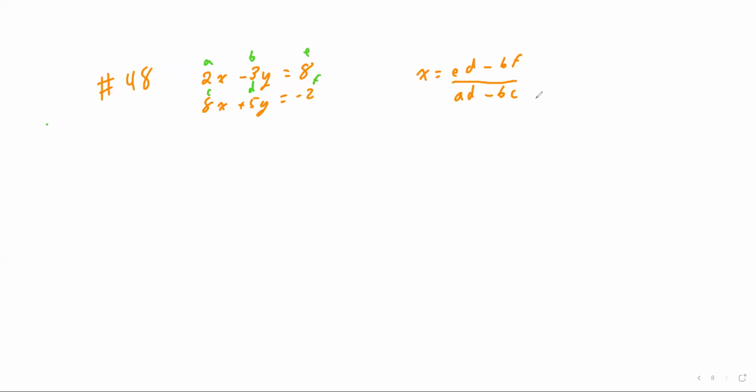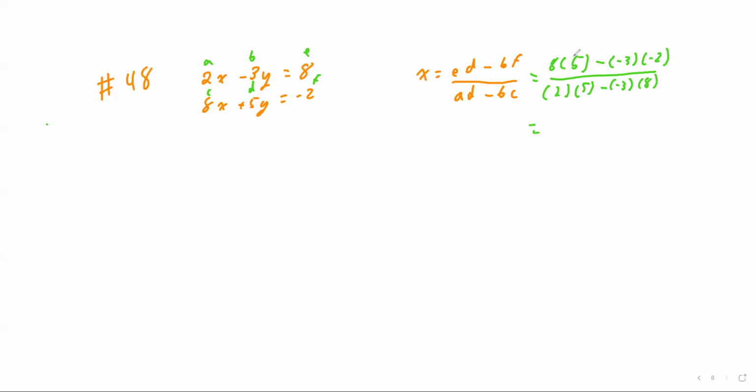That's how it's labeled. So in this one, that's going to be 8 times 5 minus negative 3 times negative 2, divided by 2 times 5 minus negative 3 times 8.